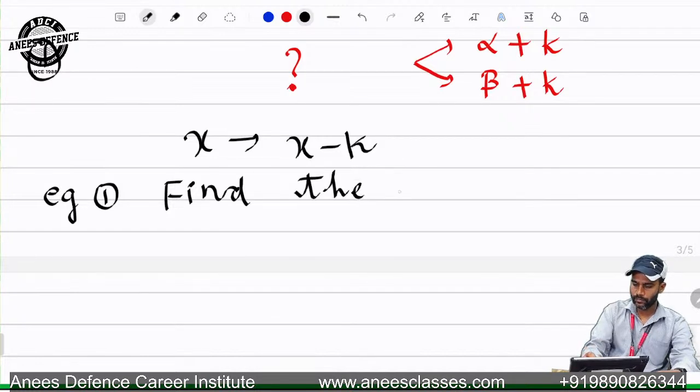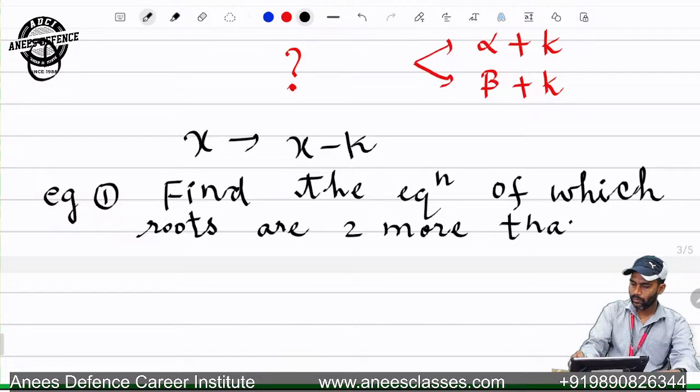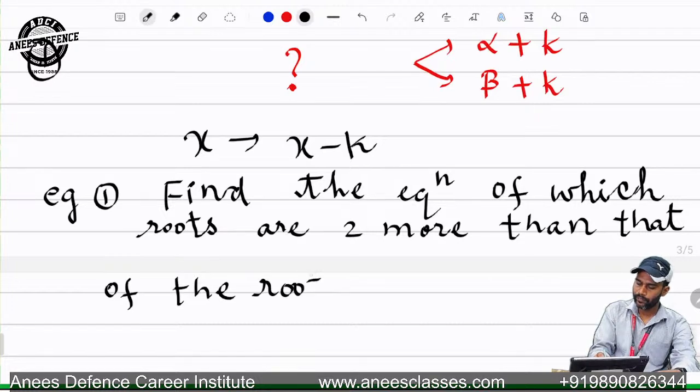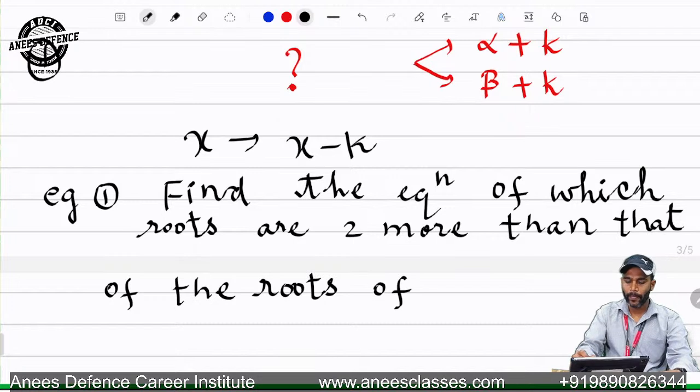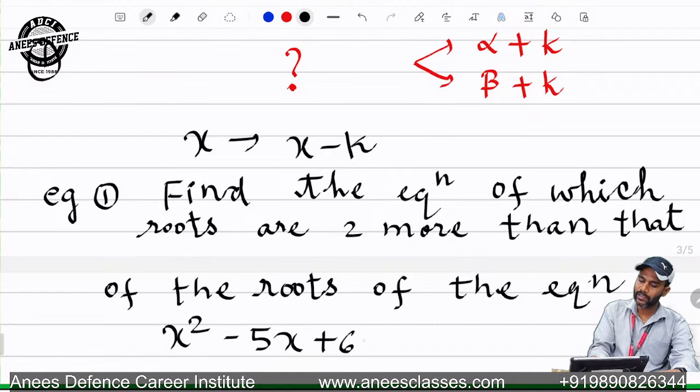Find the equation of which roots are 2 more than that of the roots of the equation x square minus 5x plus 6 is equal to 0.